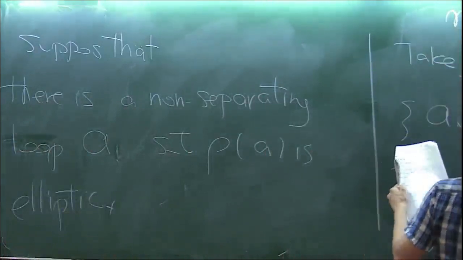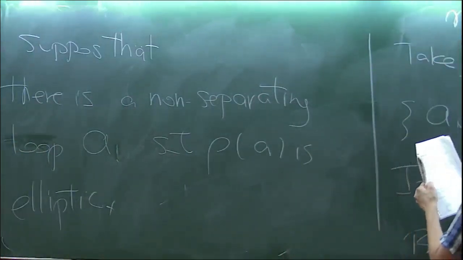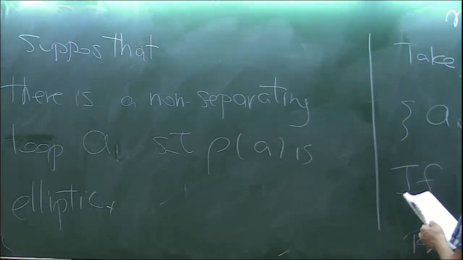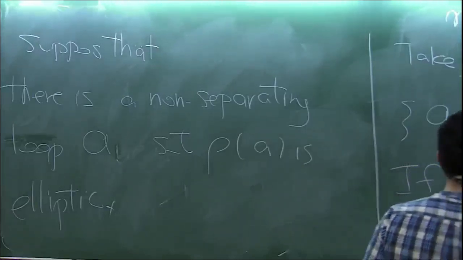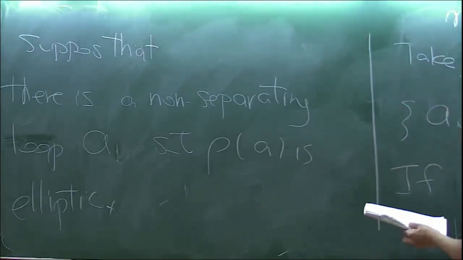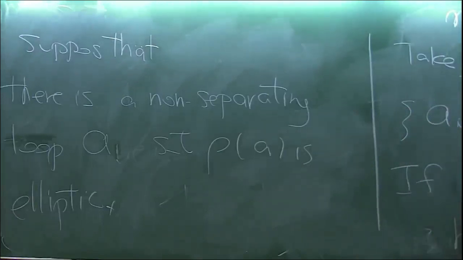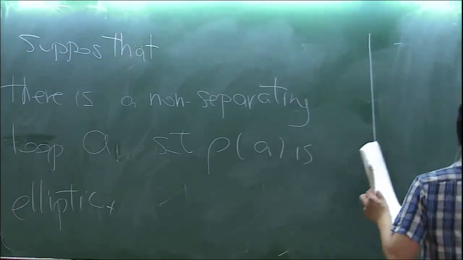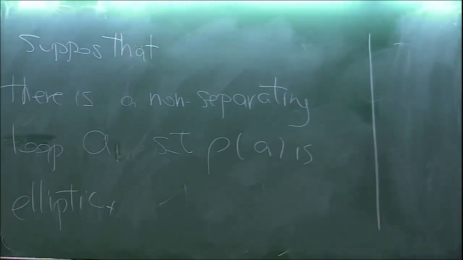And then we can assume Ai and Bi are in this picture all elliptic or identity. Oh, elliptic, sorry. Thanks.